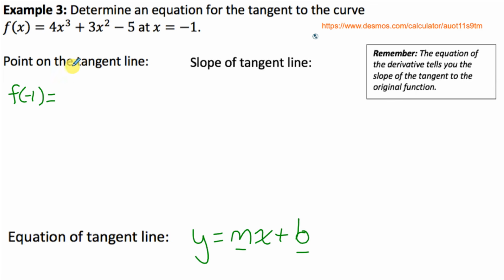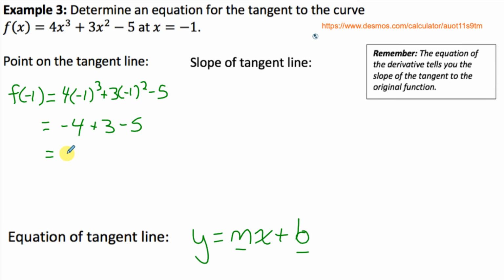So we'll plug -1 into the original function: 4 times (-1) cubed, plus 3 times (-1) squared, minus 5. If we simplify this, -1 cubed is -1, so 4 times -1 is -4. -1 squared is 1, so plus 3 times 1, minus 5.